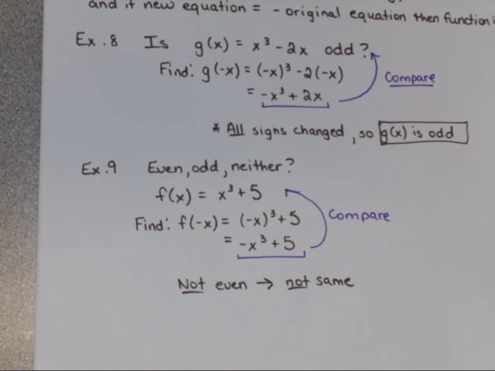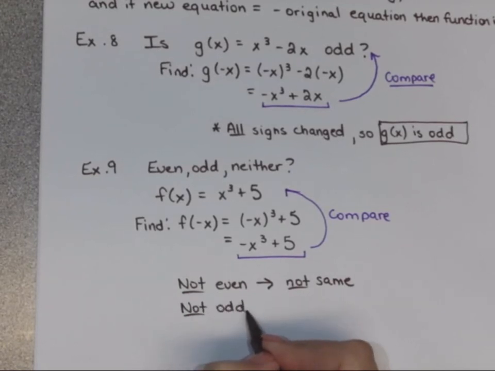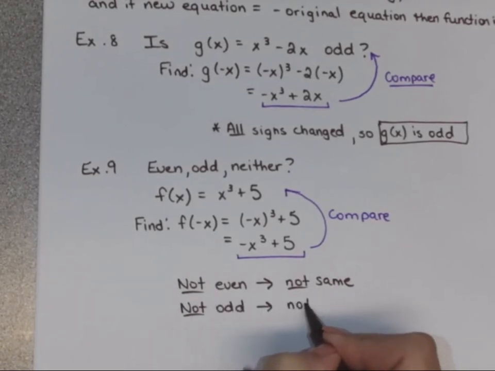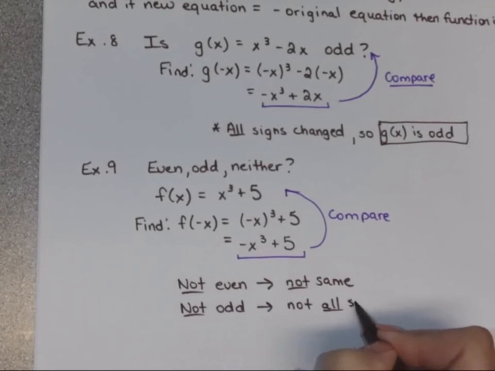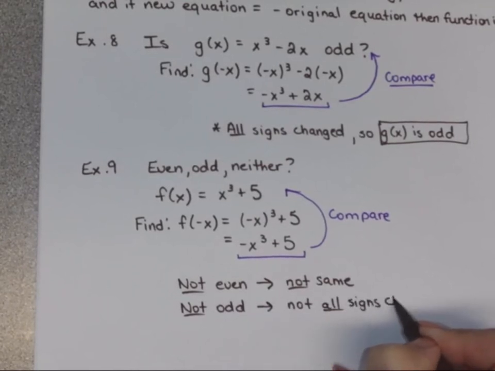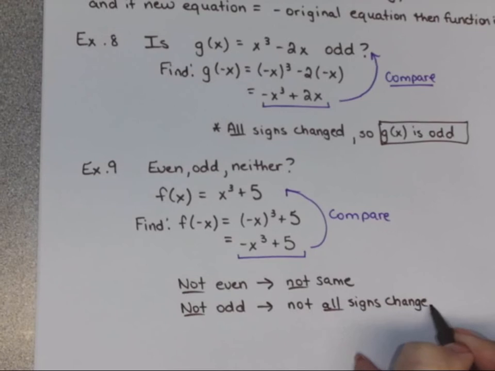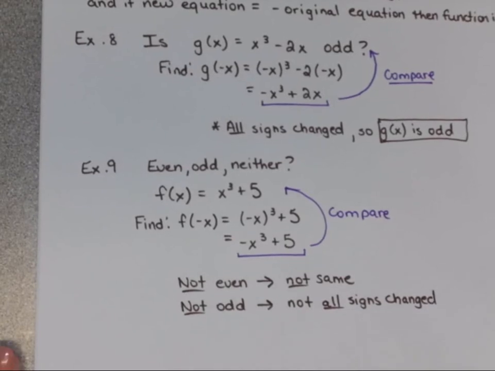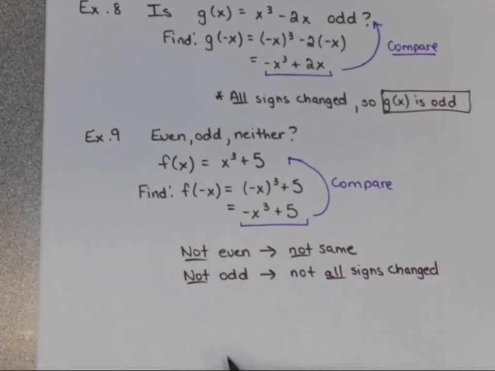Is it odd? It's close, but I would say it's not odd. Everything didn't change, right? So I'm going to say it's not odd either, because not all the signs changed. The 5 stayed the same. So it was really, really close, but since it's not even and it's not odd, it's neither.